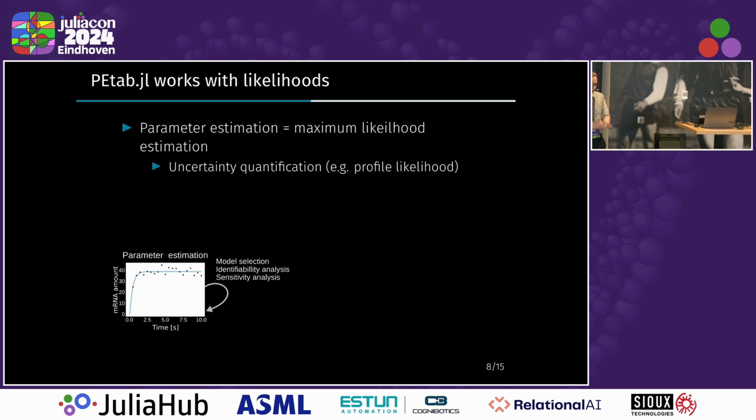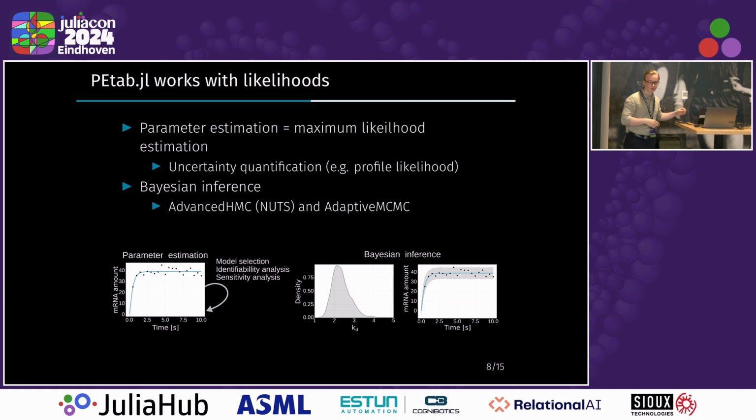Besides being statistically robust in this sense, you're also going to have other benefits, like you can do identifiability analysis to assess uncertainty in your parameters, model selection using likelihood-based tools like AIC or BIC, and sensitivity analysis. But also, if you're doing Bayesian inference, and if you provide priors, we can do Bayesian inference with algorithms such as those in AdaptiveMCMC, AdvancedHMC used by Turing, and also Pigeons, which are all something we provide wrappers for.